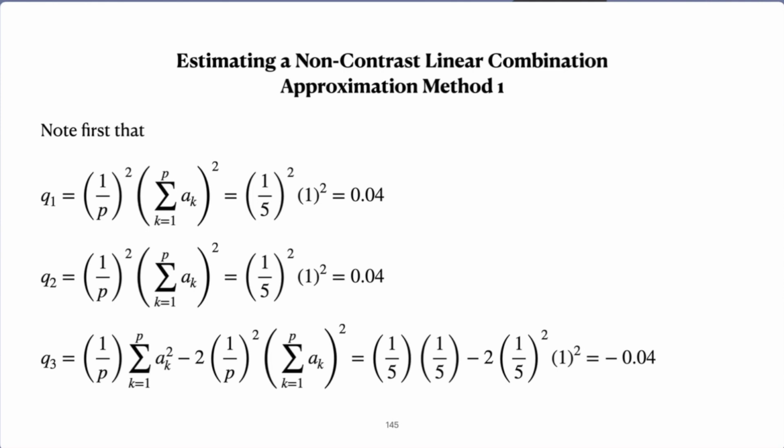And so let's look at approximation 1. First, note that we've got the three Q values, Q1, Q2, and Q3. Go back and look in the notes, you'll see the formulas for those. And for this particular linear combination that we're estimating, Q1 is equal to 0.04, Q2 is the same, and then Q3 is negative 0.04.